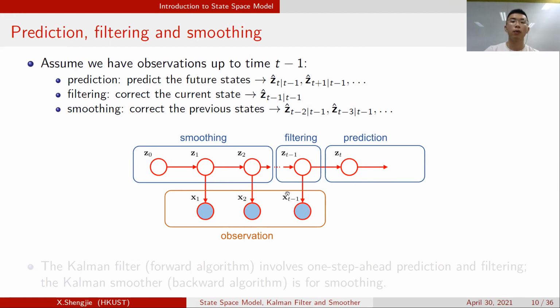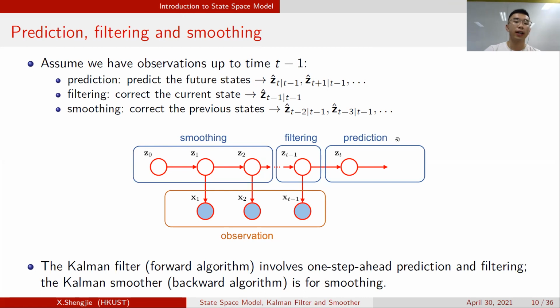Filtering means after we have observed the new observation at t, we try to update our current state. Previously we predicted it, but after we observe the new observation, we can correct the prediction. This is called filtering. And smoothing means we try to update the previous estimations of the state. So these are three concepts.